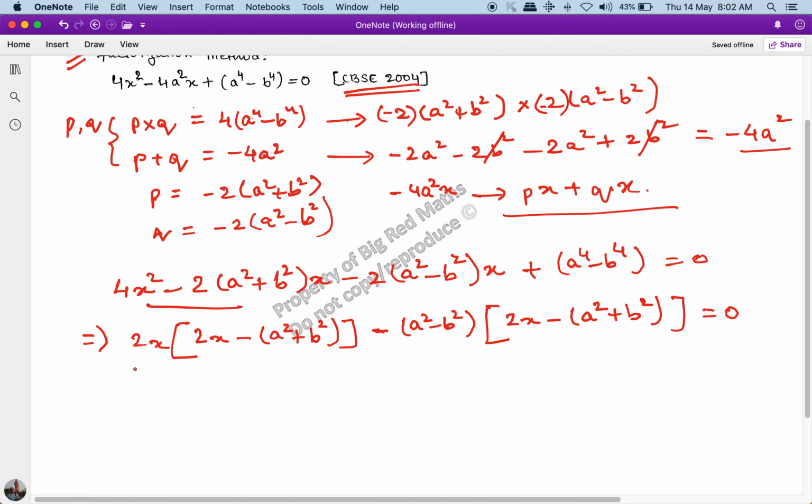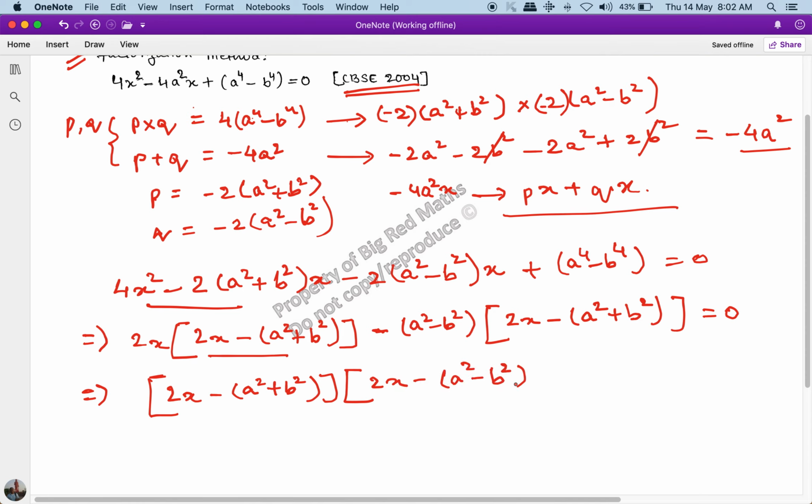This is equal to 0, and this becomes equal to, I take this whole term common out, so I get 2x minus a square plus b square multiplied by 2x minus a square minus b square, and this whole thing is equal to 0.